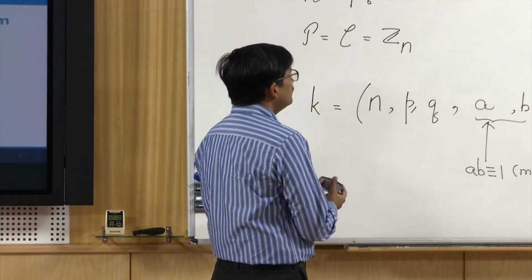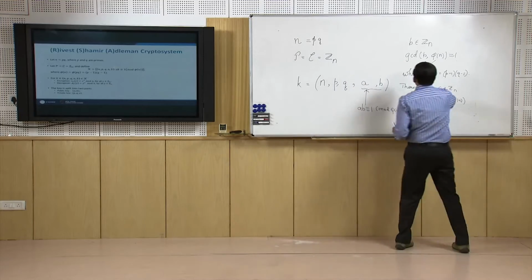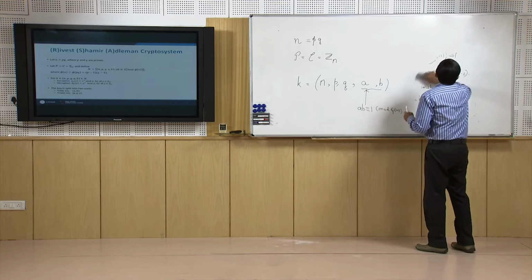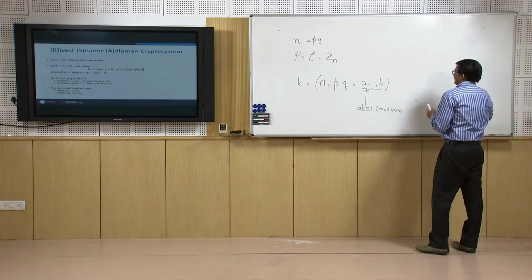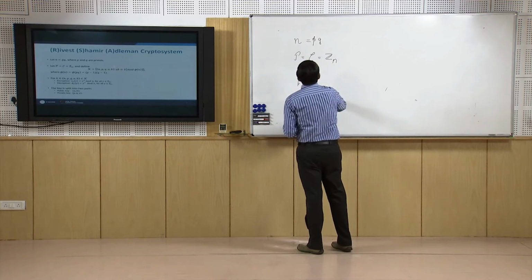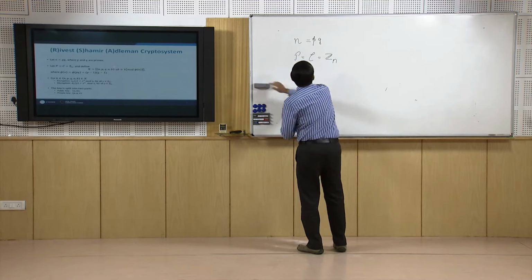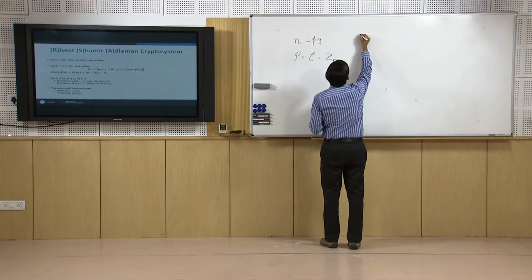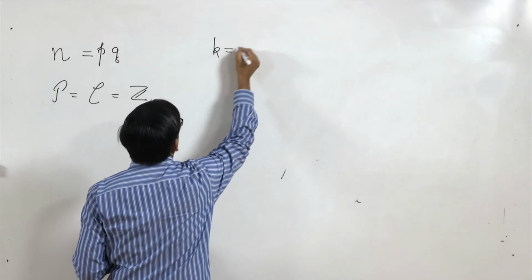Now, let us remove some of the writings from the board and write the key at the top. So, I have a key like this, this is the total key.